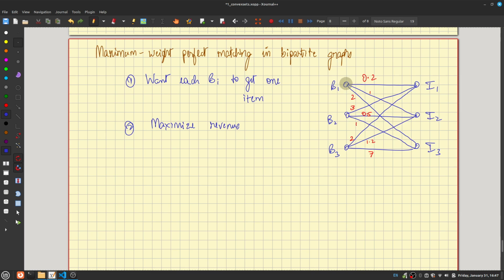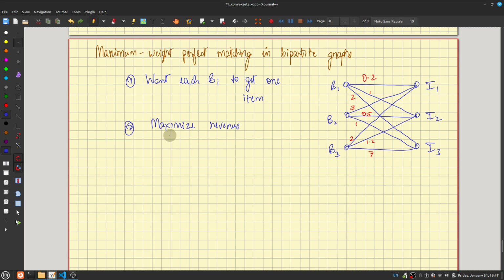Maybe each user sees a different data rate depending on which frequency they connect to, and each user can connect to only one frequency, and you want to maximize the total throughput. You want to make sure that there is maximum utilization among all frequencies. So perhaps you want to maximize the total data rate that you can support in this system. And so on. There are multiple such examples. So this is a very general formulation.